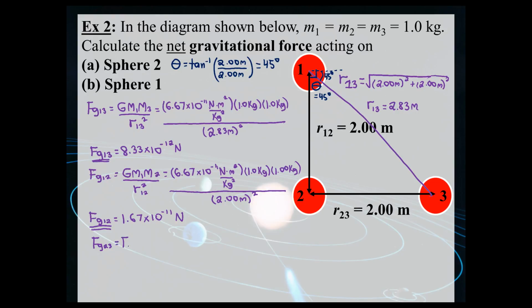Fg23 is just equal to Fg12, specifically because m1 equals m3 and r12 equals r23.